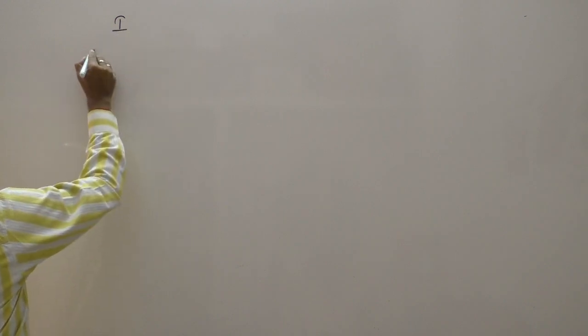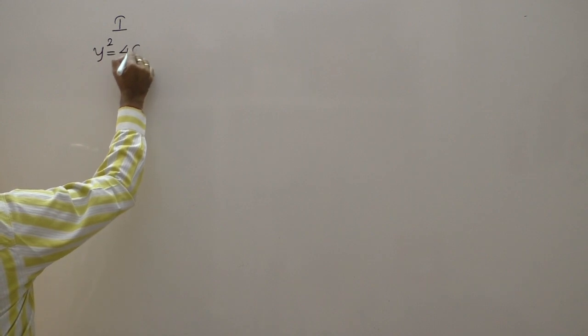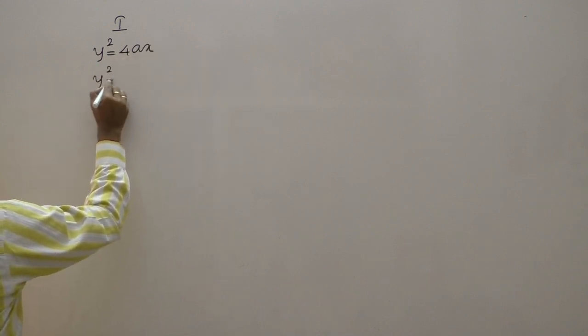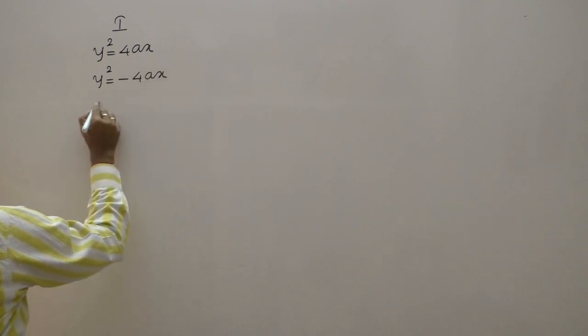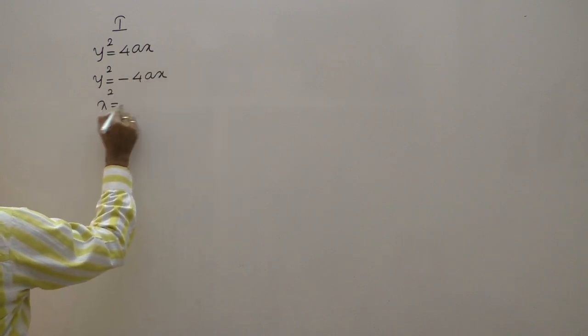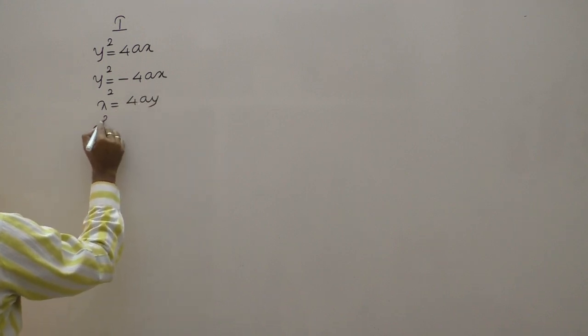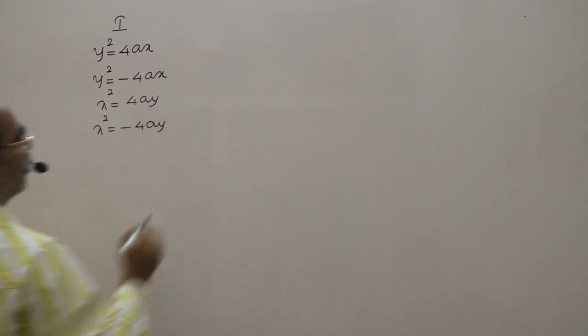In set 1 there are 4 forms. Y square is equal to 4ax, first one. Figures, diagrams are also most important. Second one. Third one is x square equal to 4ay. Fourth one is x square equal to minus 4ay.